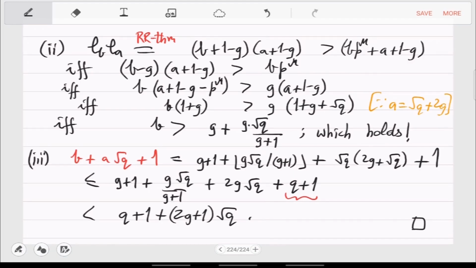Here again, this g plus 1 plus g root q by g plus 1, this is less than square root q. That's what we are using.